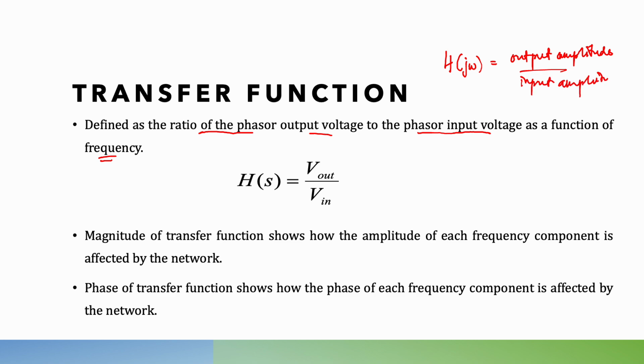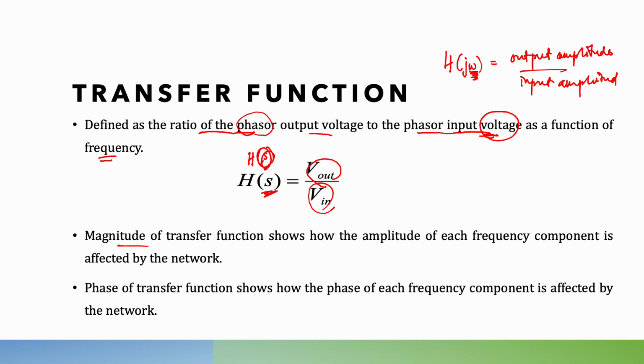It can also be expressed in terms of phasors, which means H in the S domain. Just now we discussed H in the omega domain; now H can also be represented in the S domain. When dealing with the S domain, we are dealing with voltage instead of amplitude, so the voltage of the output divided by the voltage of the input. Please remember that H can be represented in two terms: the omega domain and the S domain.